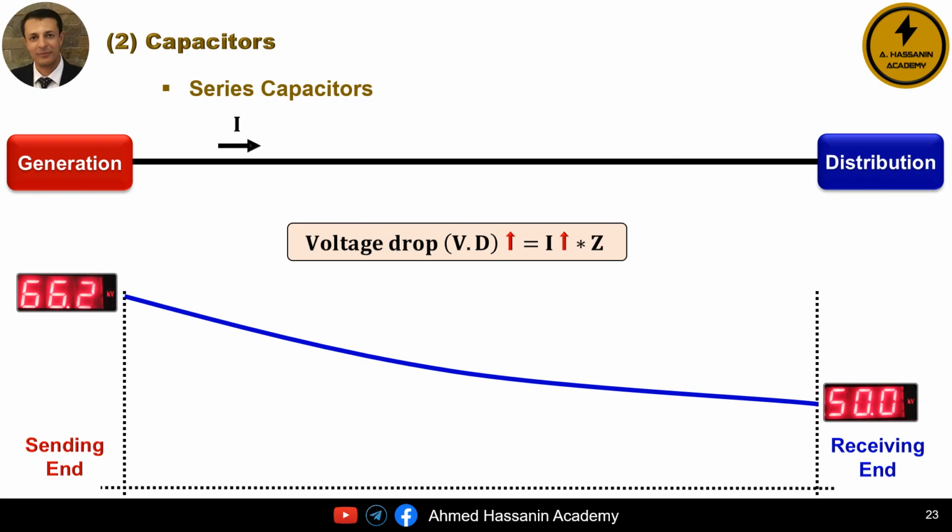The second point is that we all know the flow of electric current through the transmission line in the presence of the line's impedance will naturally result in a voltage drop. This means that with increased loading and increased current flow, we will observe that the voltage at the end of the transmission line will reach an unacceptable or low value that is not suitable for the loads.